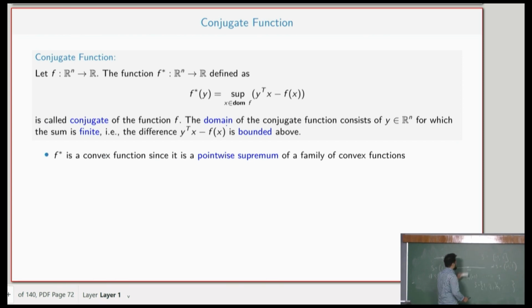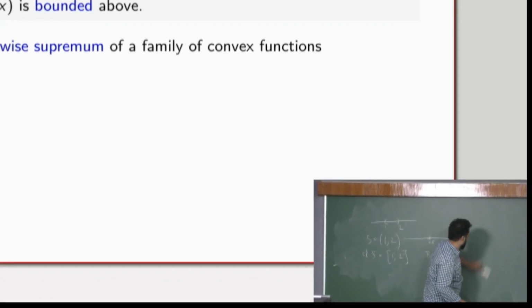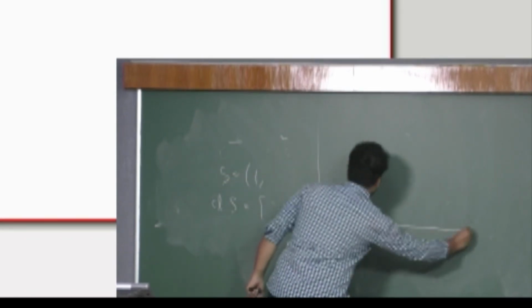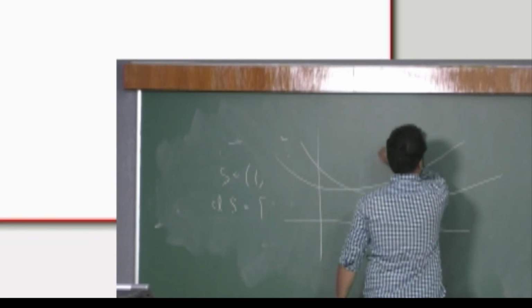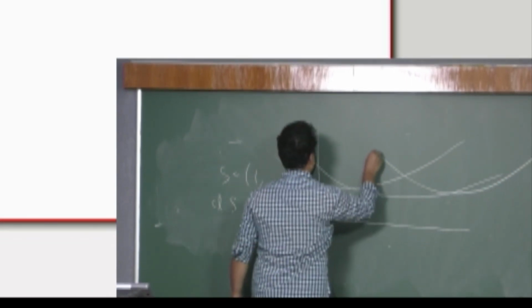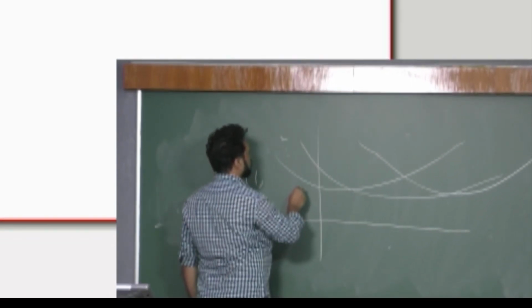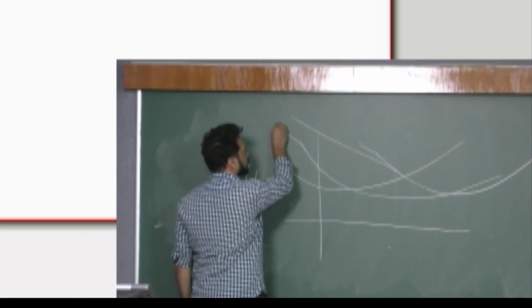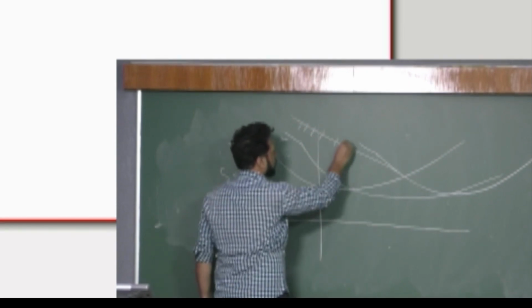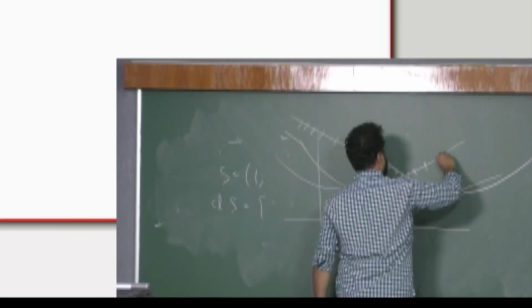So the supremum, the maximum, of various convex functions remains convex. If you have a convex function like that, and another convex function like that, and I take the supremum, all these are well defined. This one is the highest value, and from this point this one is the highest value.